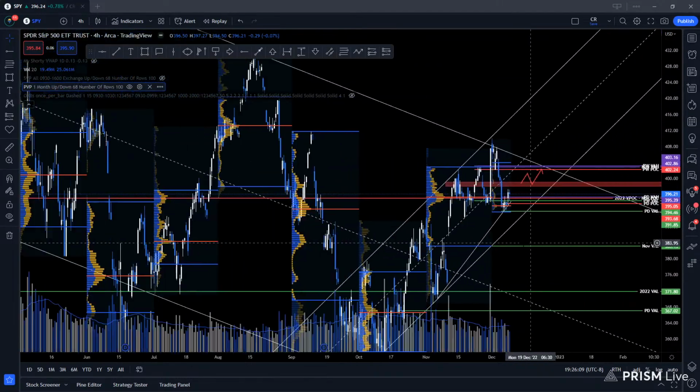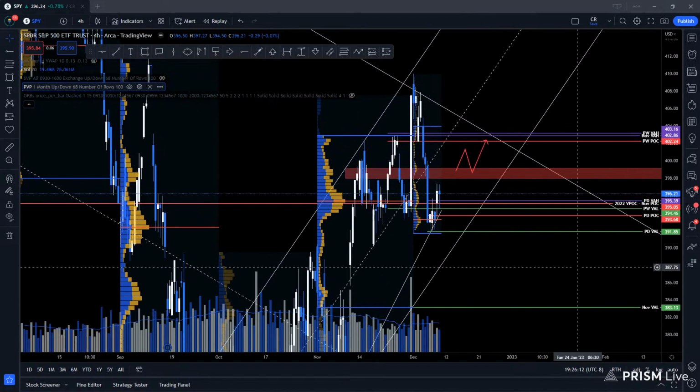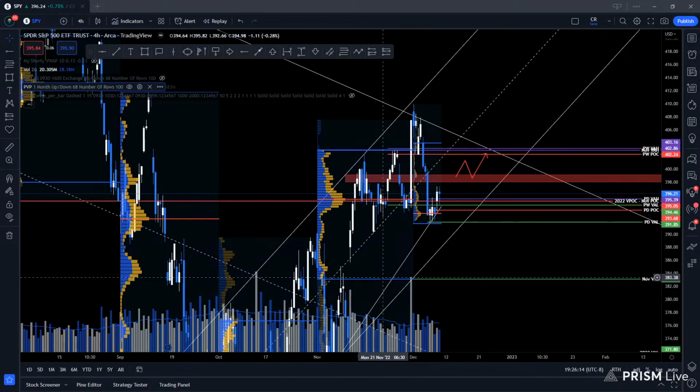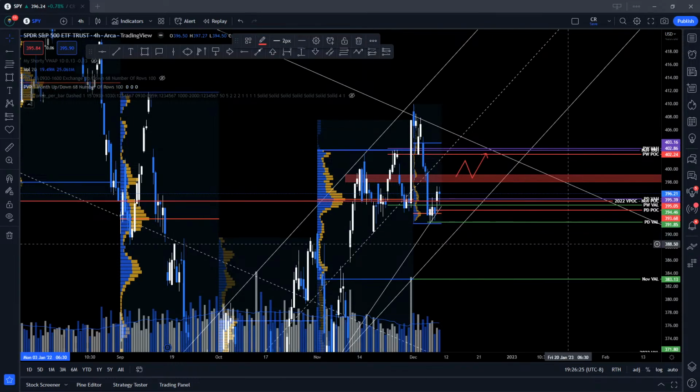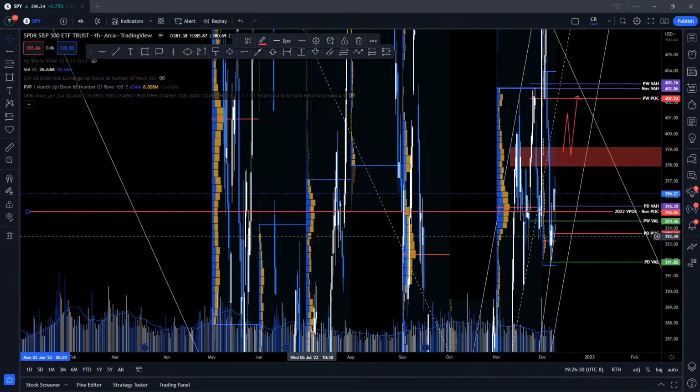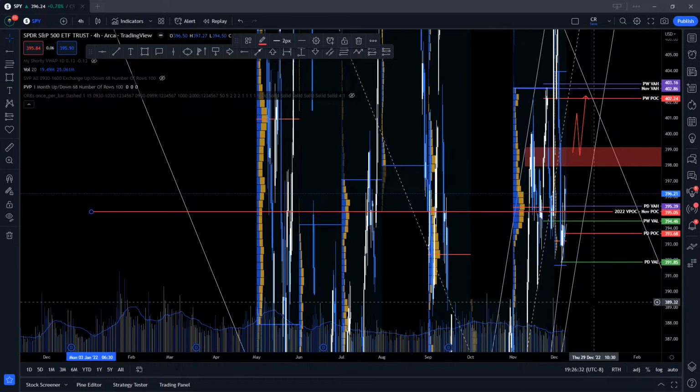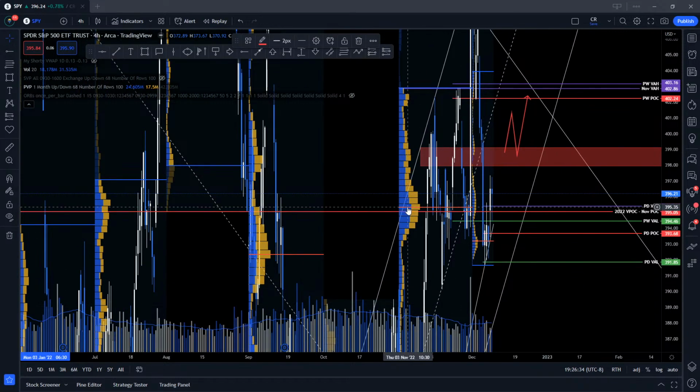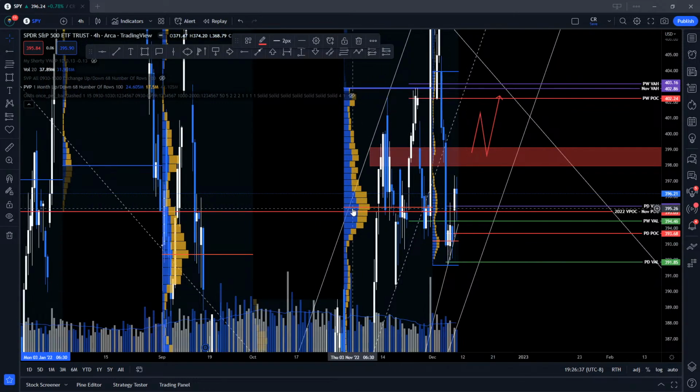And from there, I'm going to chart my November value area low, November value area high, and my November POC, which looks like it shifted a little bit. Oh, okay. Yeah, so the November, I guess I charted it. Oh no, I did this on purpose.